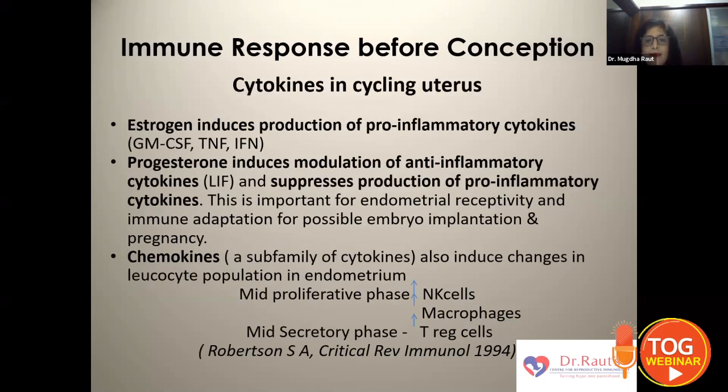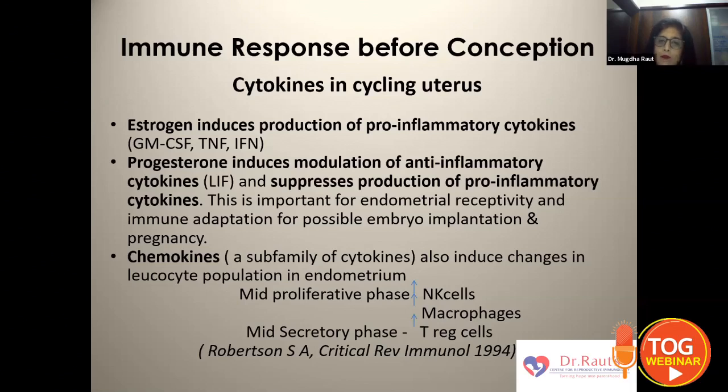The cytokines in the cycling uterus: estrogen induces production of pro-inflammatory cytokines like GM-CSF, TNF-alpha and interferons. Progesterone induces modulation of anti-inflammatory cytokines, that is leukemia inhibitory factor, and suppresses the production of pro-inflammatory cytokines.